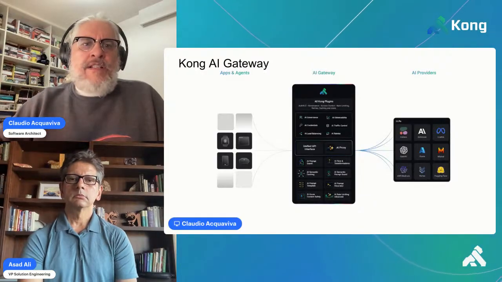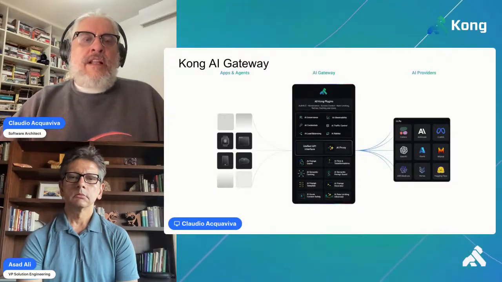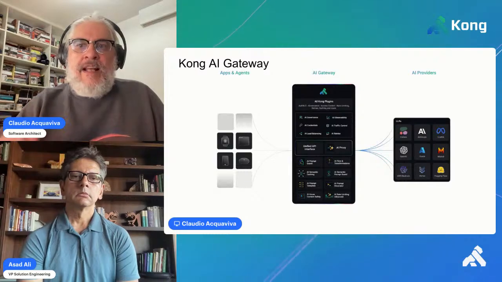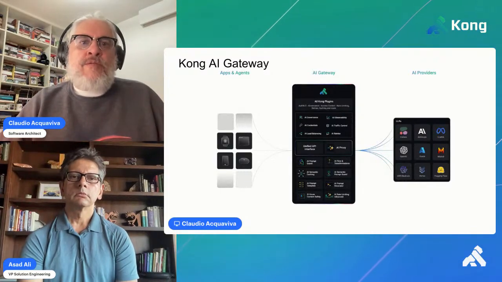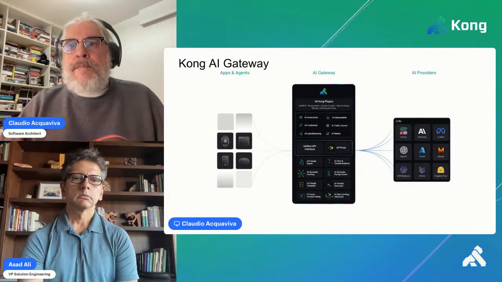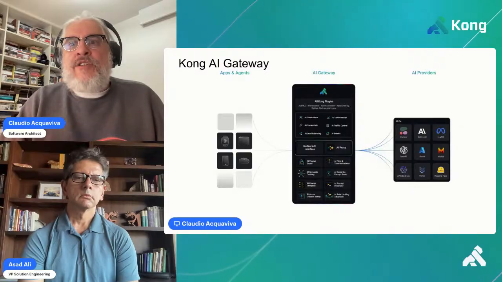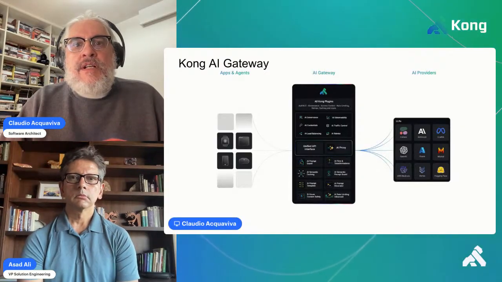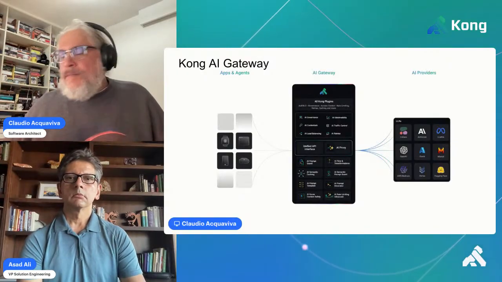There are so many other ones, including, for instance, guardrails, to make sure the prompts you send to the LLMs to get processed are reasonable, that they're not bad prompts, and that they are okay to get routed to the LLMs. So that's what the Kong AI gateway is all about.